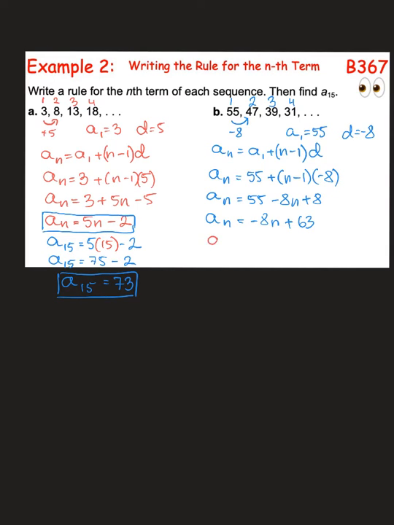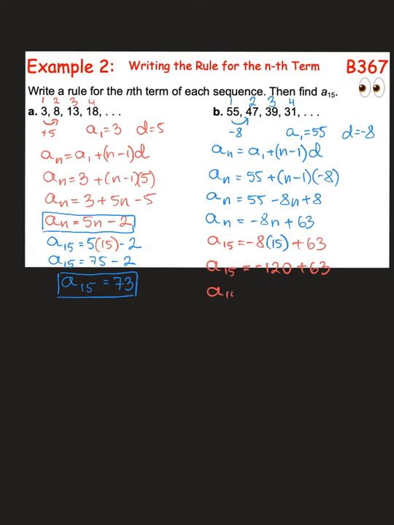So a sub 15 is going to be negative 8 times 15, and then plus 63. So a sub 15 is going to equal negative 80, negative 40, so it's a negative 120 plus 63.